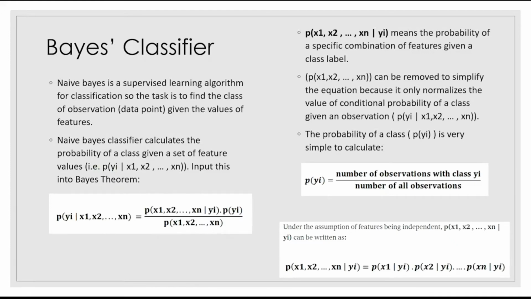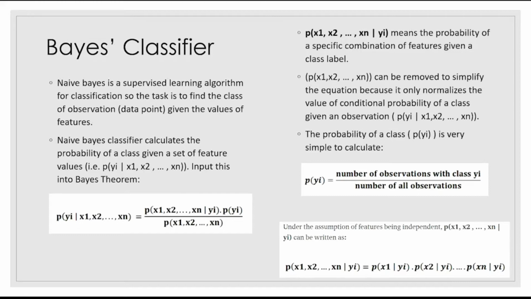Now let's go on to the next topic, which is the naive Bayes classifier. Naive Bayes is a supervised learning algorithm which is used for classification tasks, as we have seen earlier. Hence, it is also called naive Bayes classifier. As other supervised learning algorithms, naive Bayes uses features to make predictions on the target variable.